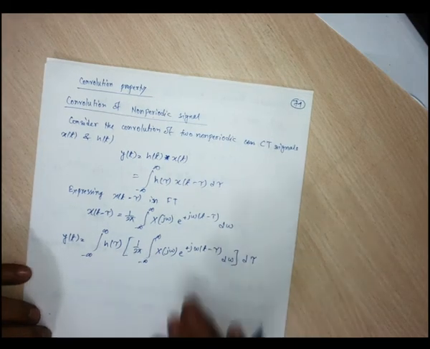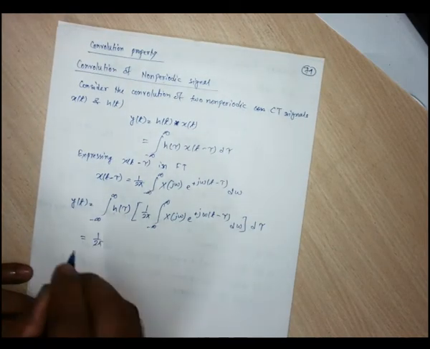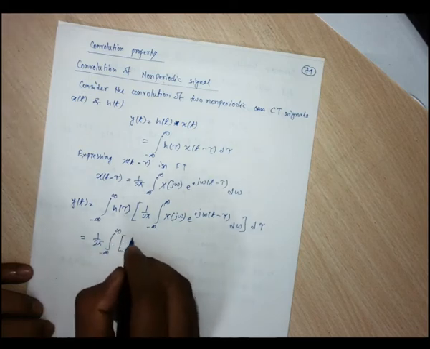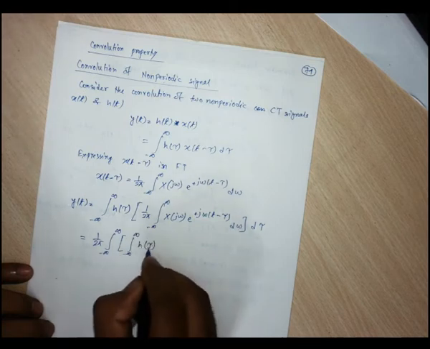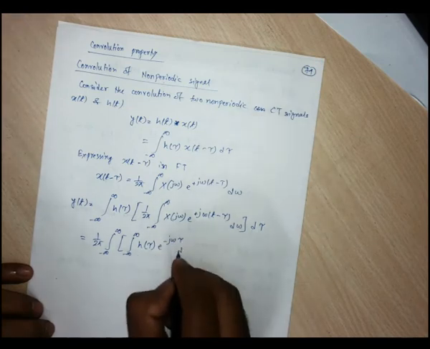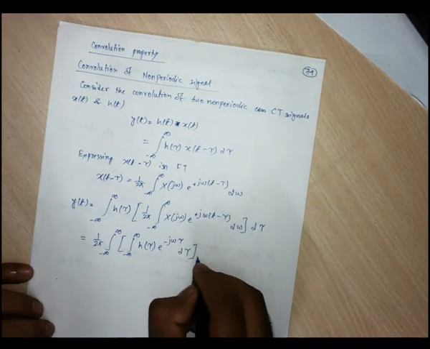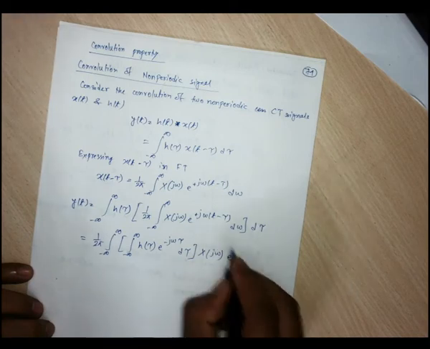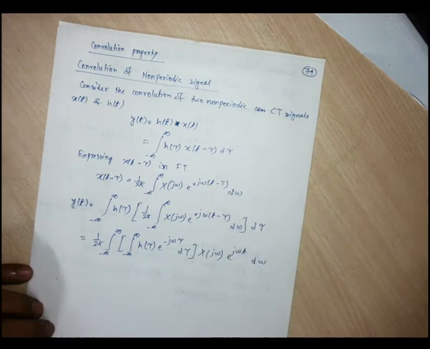Okay, now we are doing some manipulation on that. We are taking out this 1 by 2 pi, then the integral from minus infinity to infinity, in brackets, the integral from minus infinity to infinity of h of tau e to the power minus j omega tau d tau. We are taking that only, bracket close, then x of j omega e to the power j omega t d omega. So what is this?